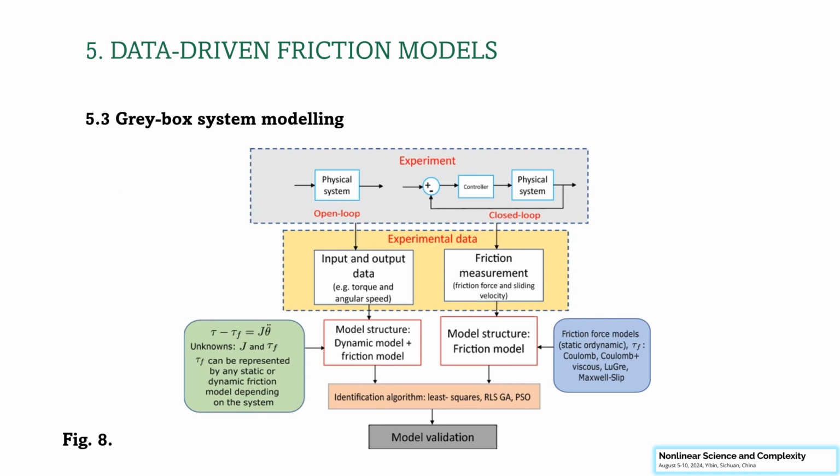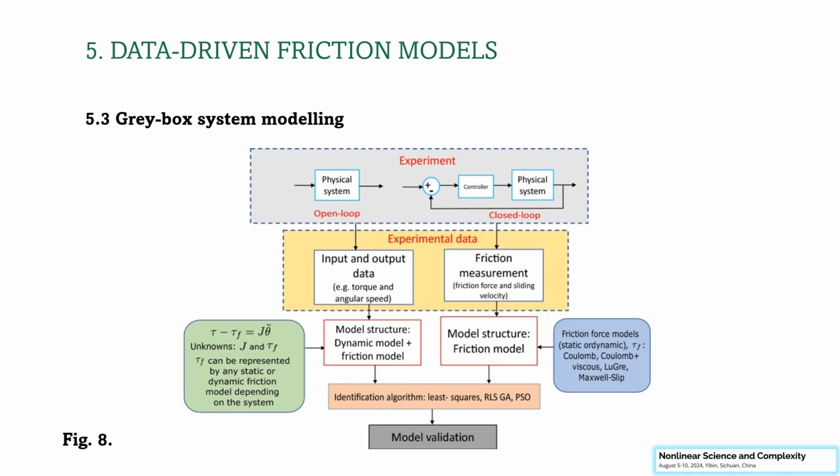Schematics in figure 8 presents a gray box system modeling approach. We begin from the experiment part, where a physical system, in our case in open loop, is found. Then we collect experimental data.